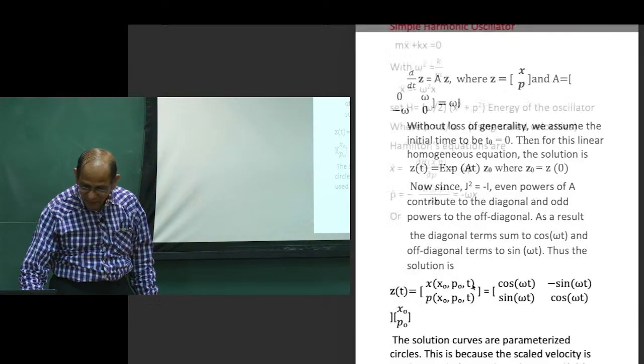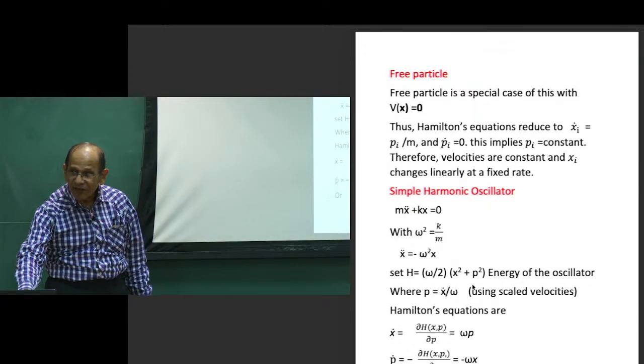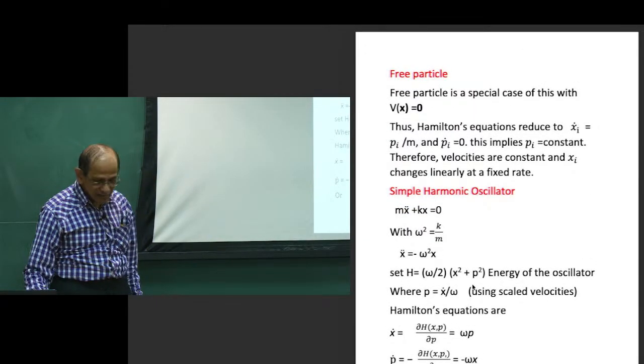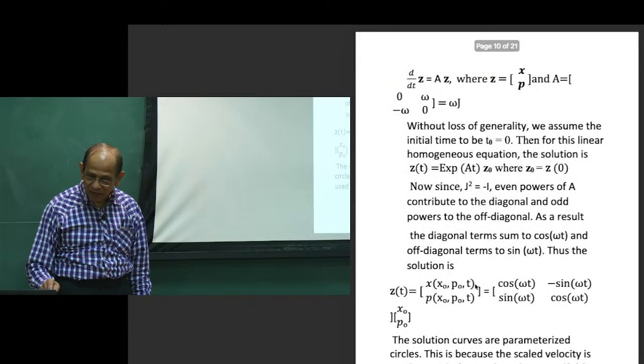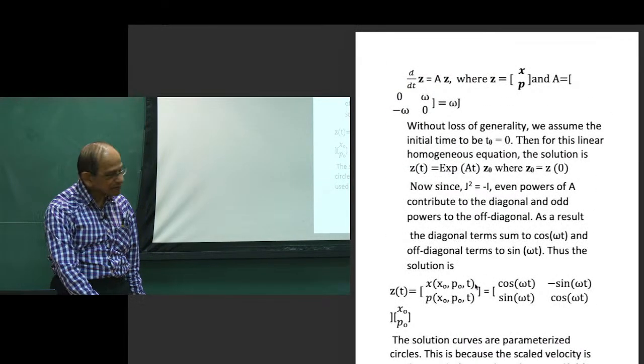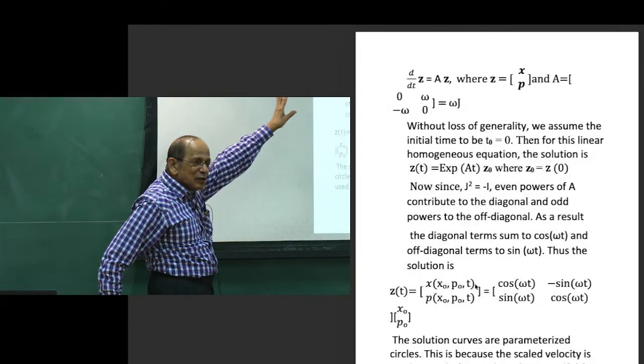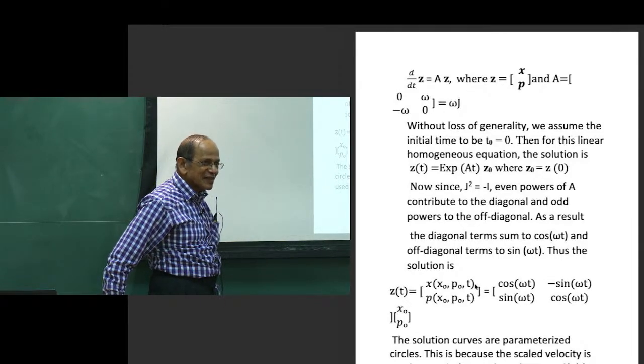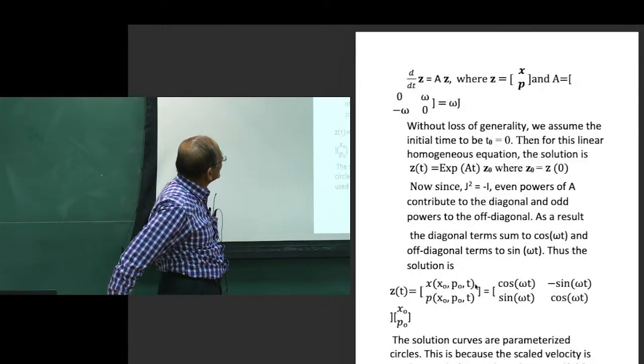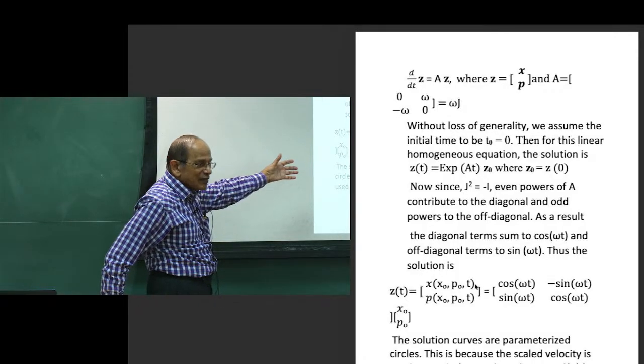Look at the equation. This is the equation. That is why the matrix reads like this. Now you will notice that the matrix is nothing but omega times J.